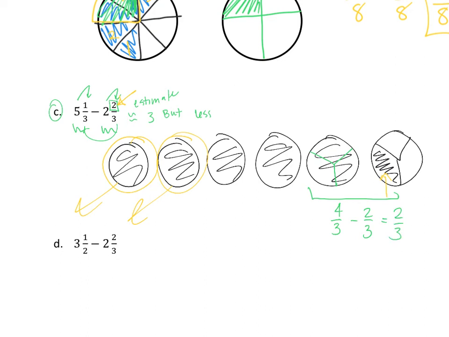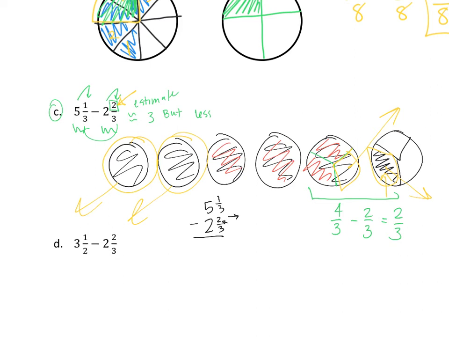So to show you that takeaway, we're going to take that away, and then you can see the 2/3 and 2 that's left over. So what I have is 5 and 1/3 minus 2 and 2/3. Even though they are the same size pieces, this one is taking more away than I have.